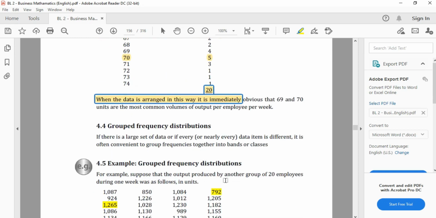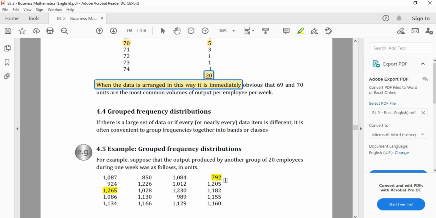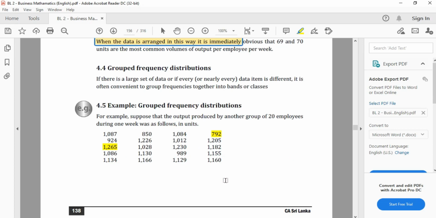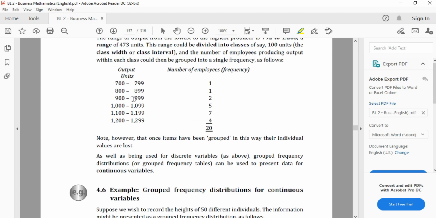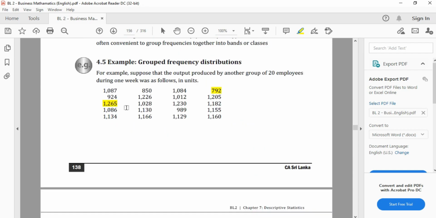Then we have grouped frequency distributions. In grouped frequency distributions, you group them into equal classes. Meaning, imagine this is your set of data representing the number of units produced for a particular set of employees.